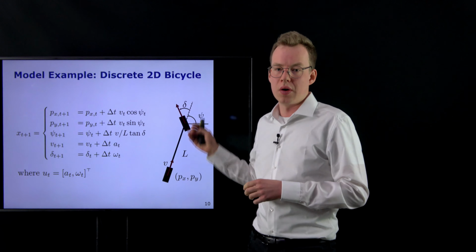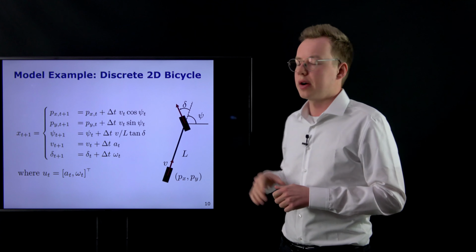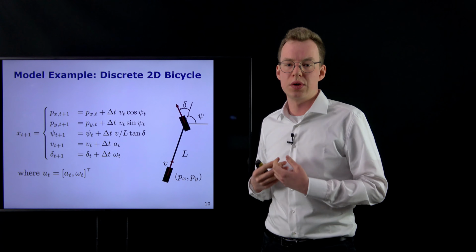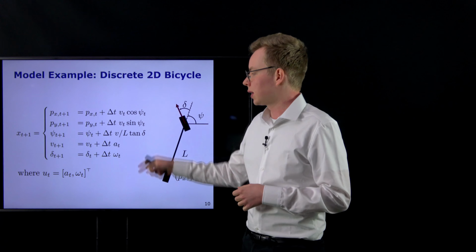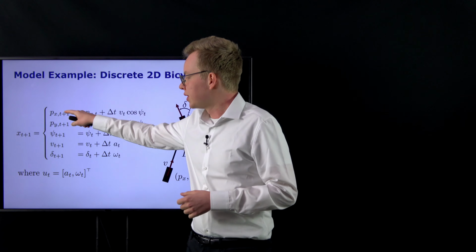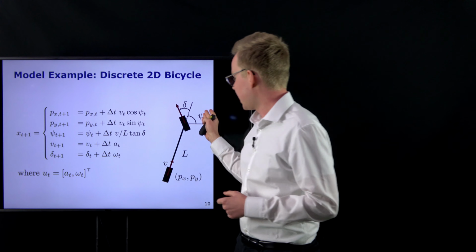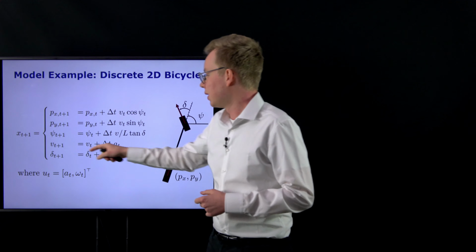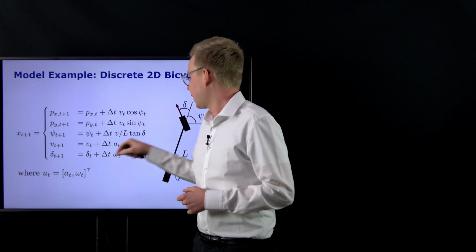Now, for our example of a bicycle, or for our self-driving car, we could use the model of a 2D kinematic bicycle that you can see here. So there the state would be given by the position in x and y, then the heading psi, so the heading of the vehicle, then the velocity of the vehicle in the longitudinal direction, and the steering angle delta.